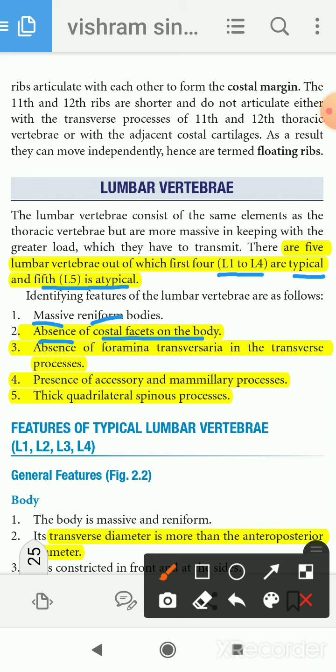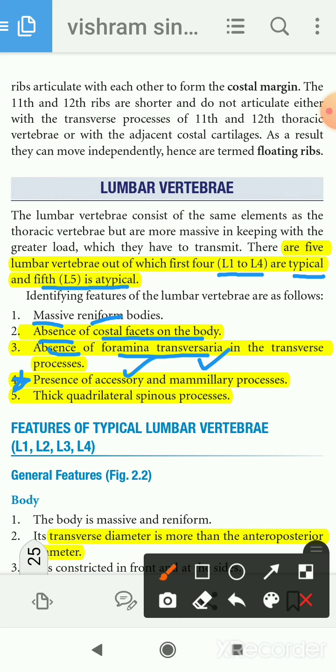Above the lumbar vertebra there is the thoracic vertebra, and in thoracic vertebra there is presence of costal facet, but in lumbar vertebra there is absence of costal facet. Number 3, absence of transverse foramen in the transverse process of the lumbar vertebra. Number 4, which is the cardinal or unique feature of the lumbar vertebra, is the presence of accessory process and mammillary process.